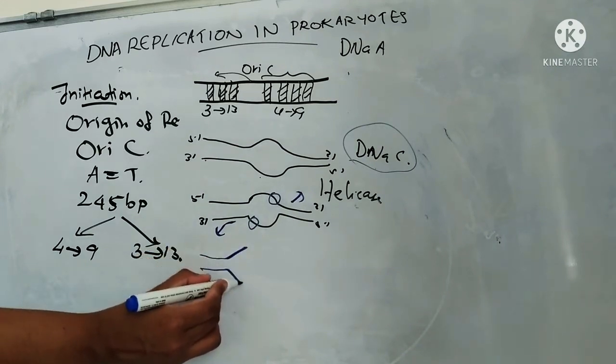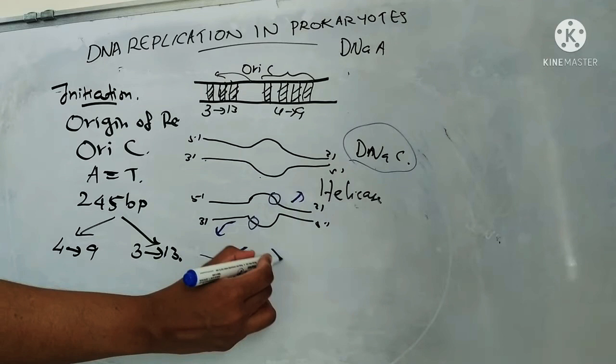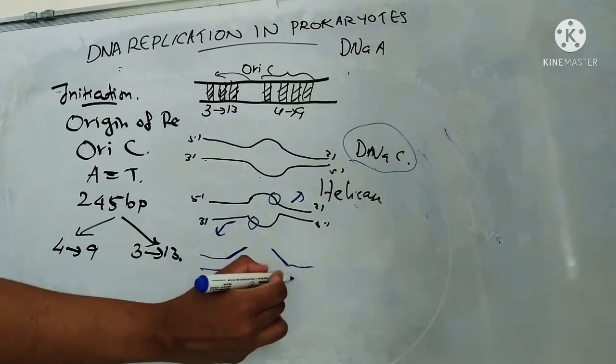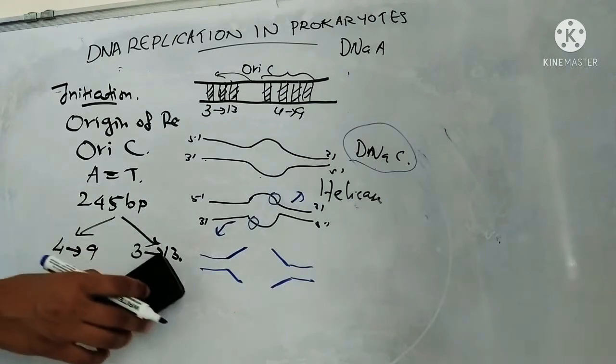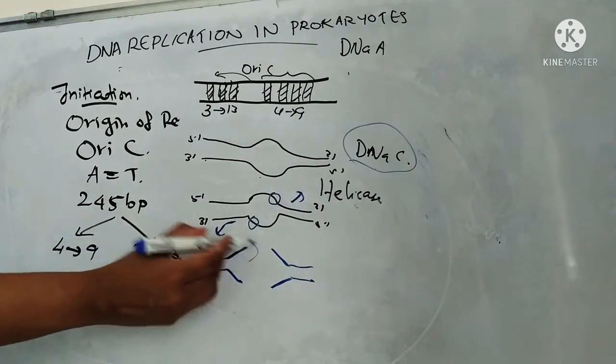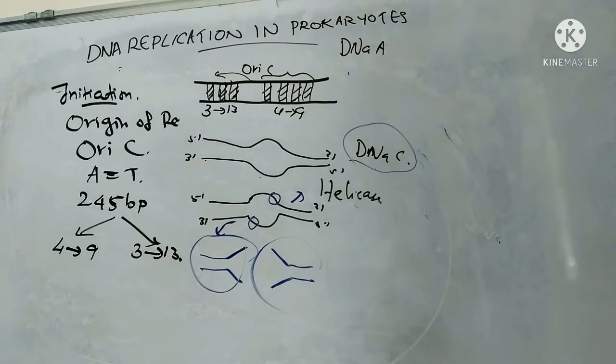So there will be the formation of 2 replication forks.